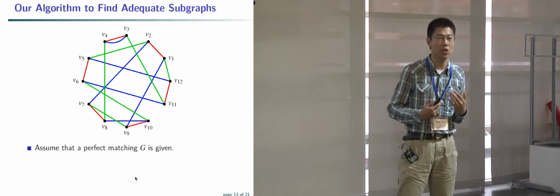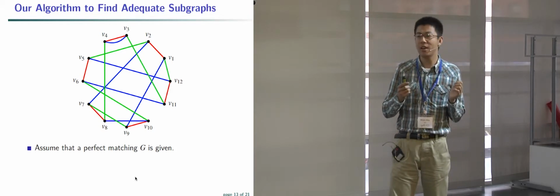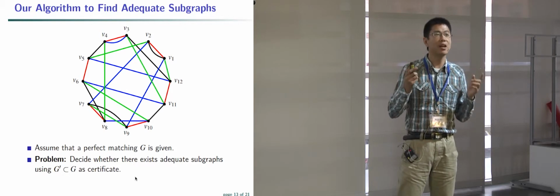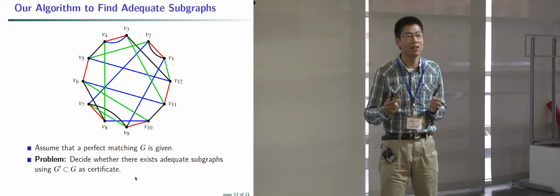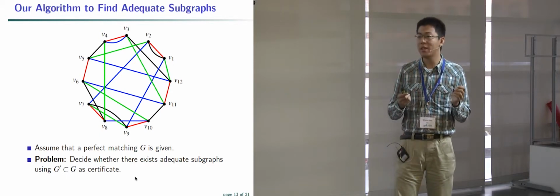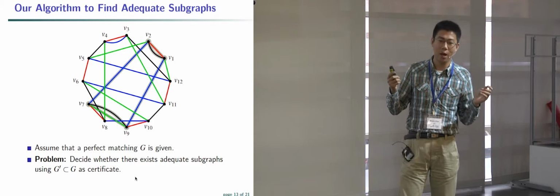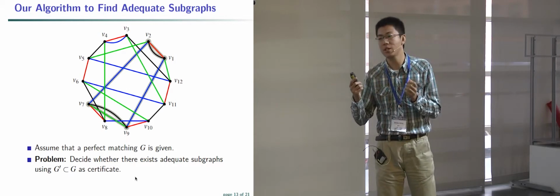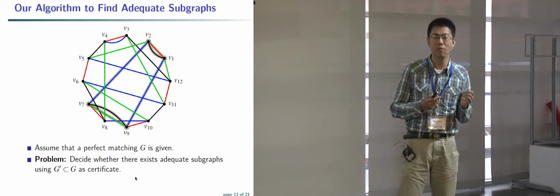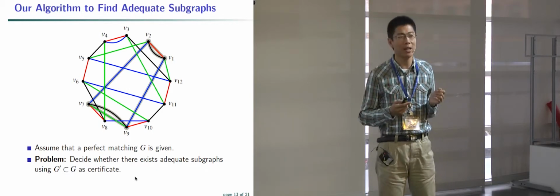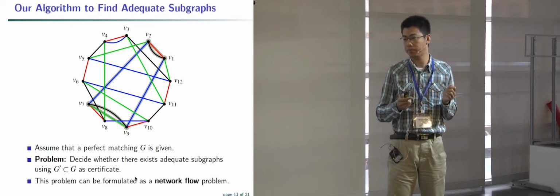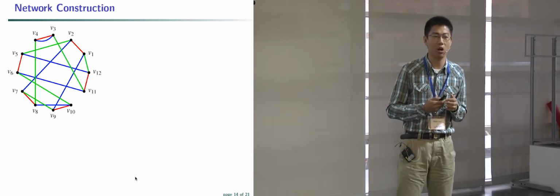We ask the following question: is there any adequate subgraph that uses a subset of G as a certificate? In this example, we have one adequate subgraph, and it uses the given 2 black edges as a certificate. We found that this problem can be solved by a network flow formulation. Let's see how it works.